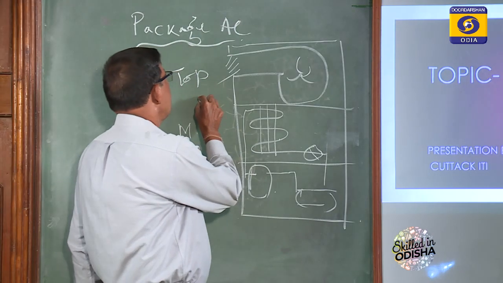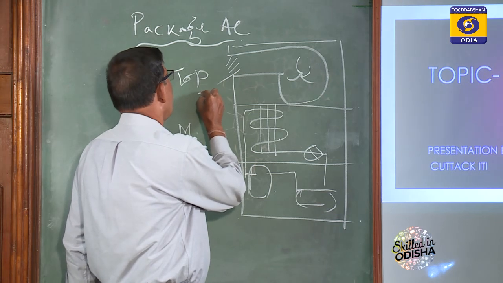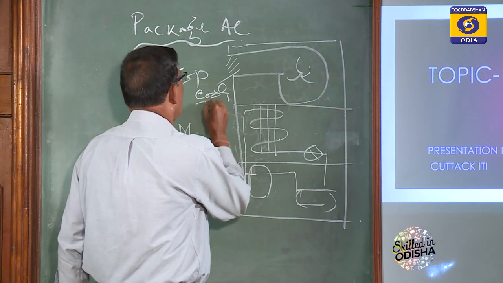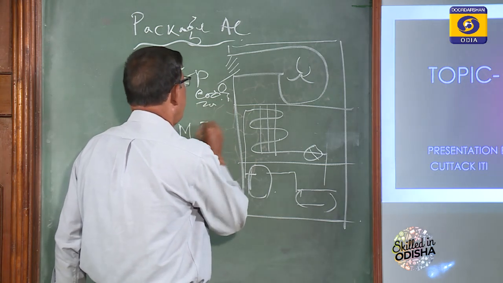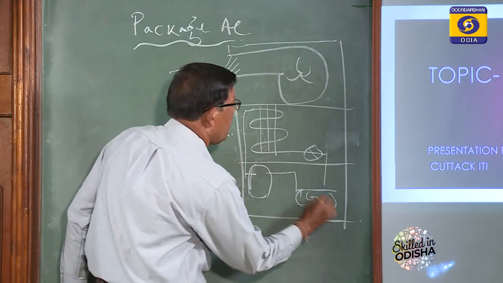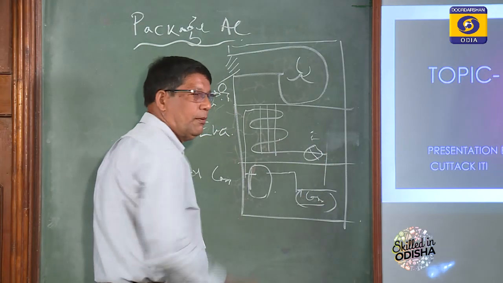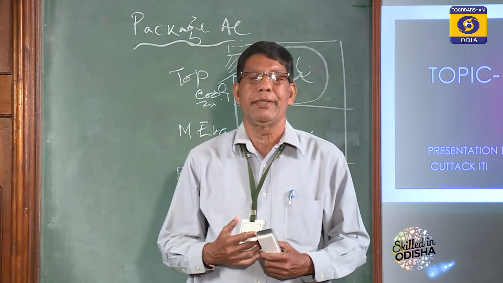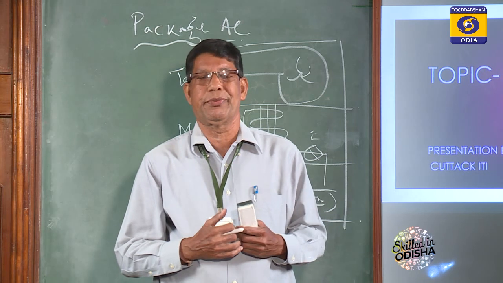It is your cooling unit: evaporator, compressor, condenser and expansion valve. They are all interconnected with copper tubes.